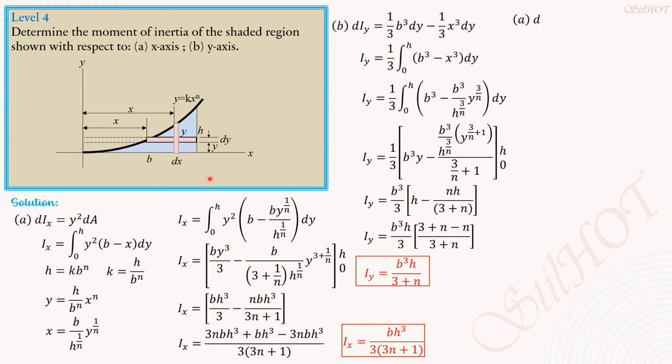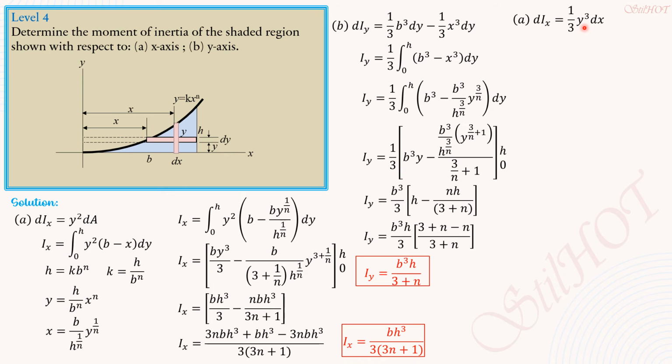So that distance is also x. So differential Ix equals 1/3 of y cubed dx, from the differential moment of inertia of a rectangular strip with respect to the x-axis.